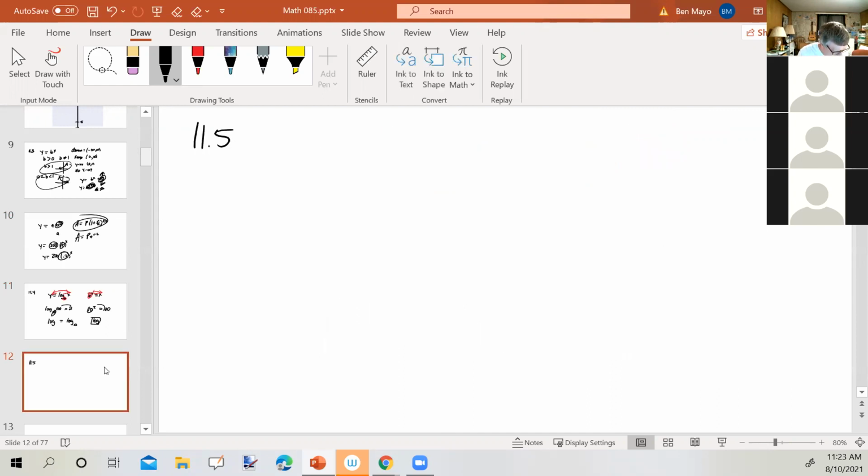11.5 introduces base e. Log base e is the same as ln or natural log. Okay, this is used when you're dealing with continuous growth or continuous decay, continuous compounding interest.